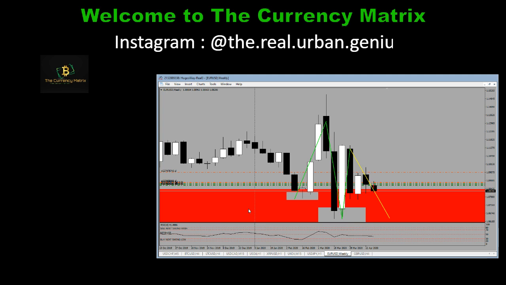And also M's and W's form the zigzags. So when we're looking for M's and W's, we're identifying double tops and double bottoms.